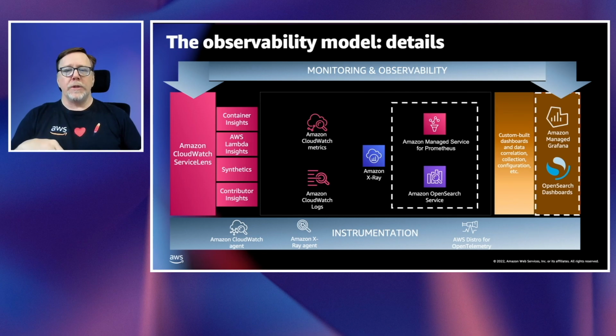In the collection and storage layer, we have CloudWatch Metrics, CloudWatch Logs, X-Ray, Prometheus and Managed Service for Prometheus, as well as Amazon OpenSearch Service. So these are kind of the containers where you can flow this data. On the dashboarding side, then, we have Grafana and Amazon Managed Grafana, as well as OpenSearch Dashboards that enable you to build visualizations and dig in with service maps and trace graphs and the richer kind of experiences around this data.